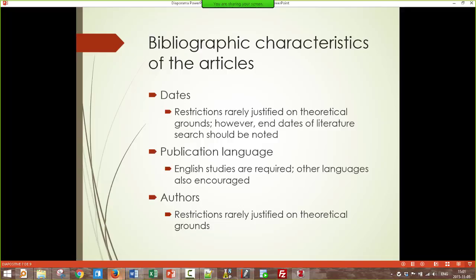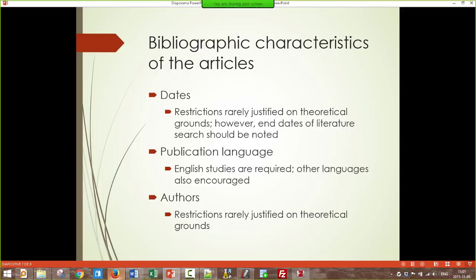Because not all scholarly research and not all good scholarly research is done in English only. It's also done in other languages. So I'm not saying search only in English, I'm saying search at least in English. For those of us for whom English is our primary language, that's obvious. But for those who have other languages in which people do scholarly work and who have access to those databases, like French databases, also search those.